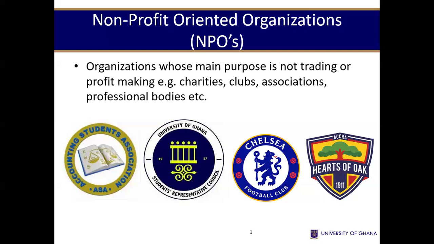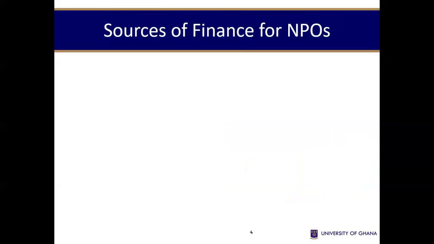So I'm sure you can think of some examples in your community. For the University of Ghana, we have our SRC, we have the Accounting Students Association, and then, of course, some football clubs that you may be aware of.